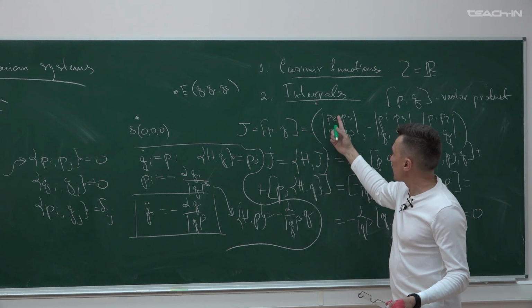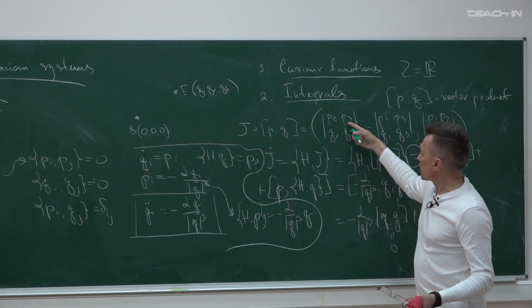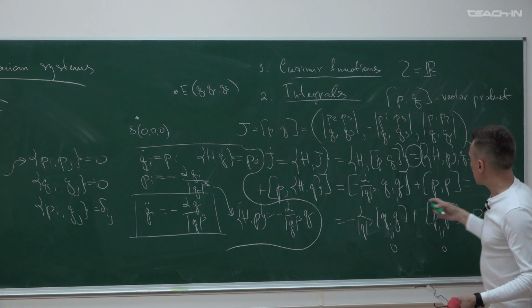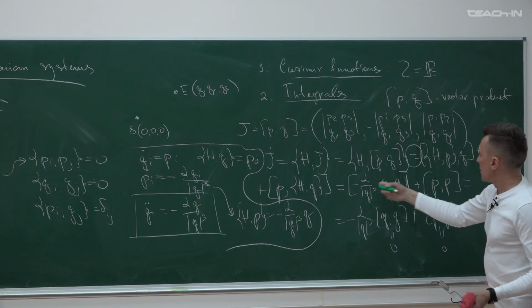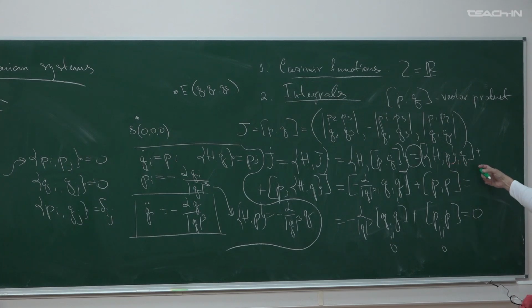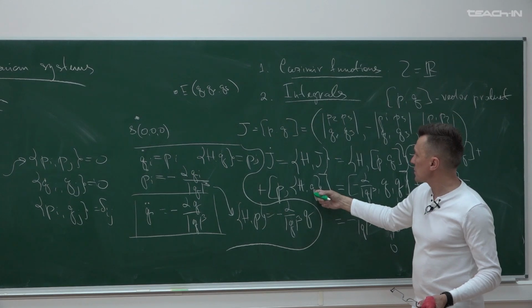So we can calculate firstly the Poisson bracket with coordinates of the vector p, and then the Poisson bracket with the coordinates of the vector q.